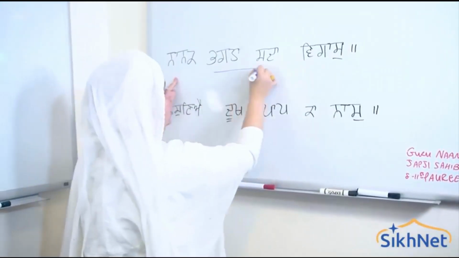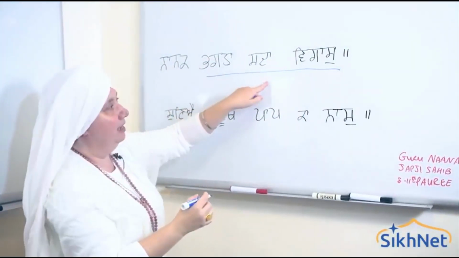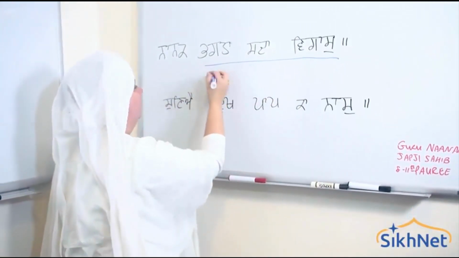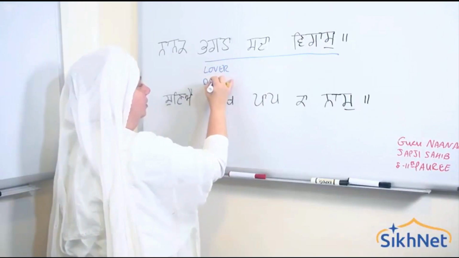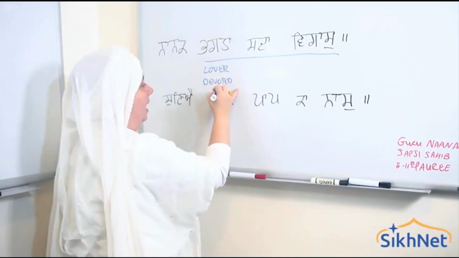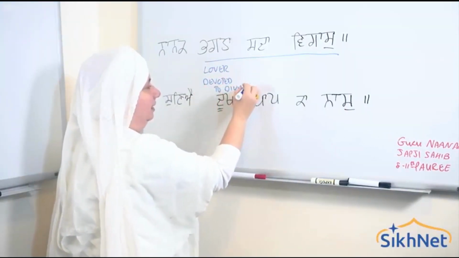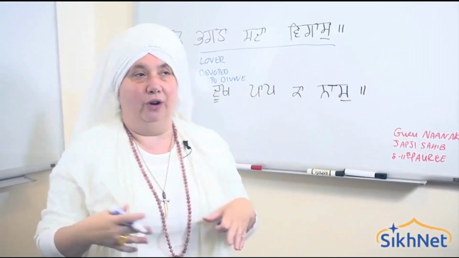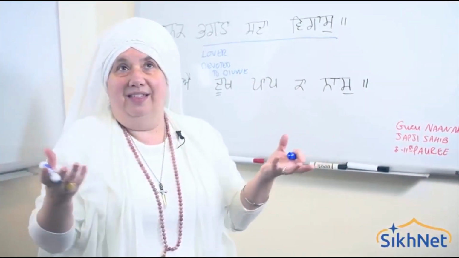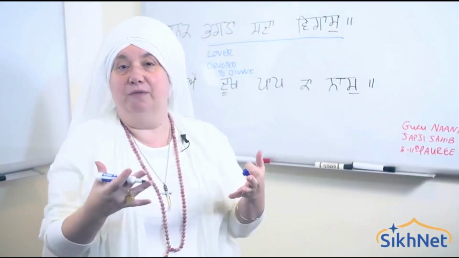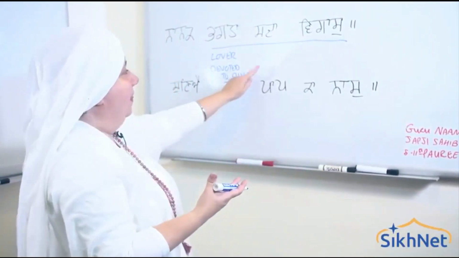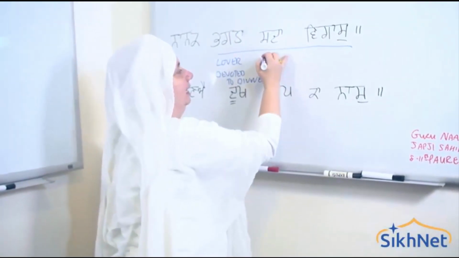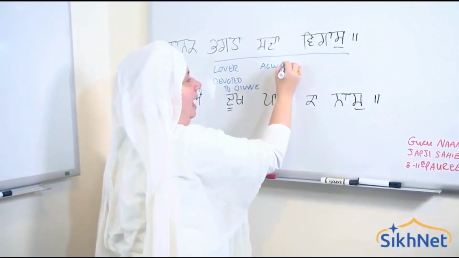So the first is to understand this phrase, Bhagata Sada Vigas. The Bhagat is the lover, or the person who is devoted to the divine. So anyone who feels just a love towards the Creator, a love towards the play of creation and the mystic view of creation, it's just the state of love. And that person, Guru Nanak says, is Sada, always, and Vigas.